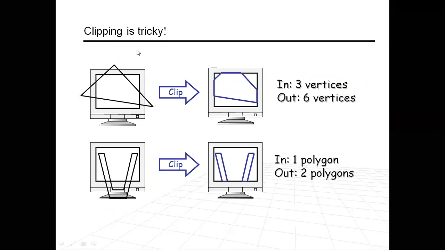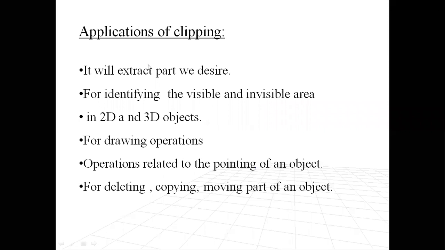Okay, so let's talk about some of the applications of clipping that are very common and easy to understand. It will extract the part we desire. When we do clipping, the part of the object can be extracted, or it can be used for identifying the visible and invisible area in 2D and 3D objects.